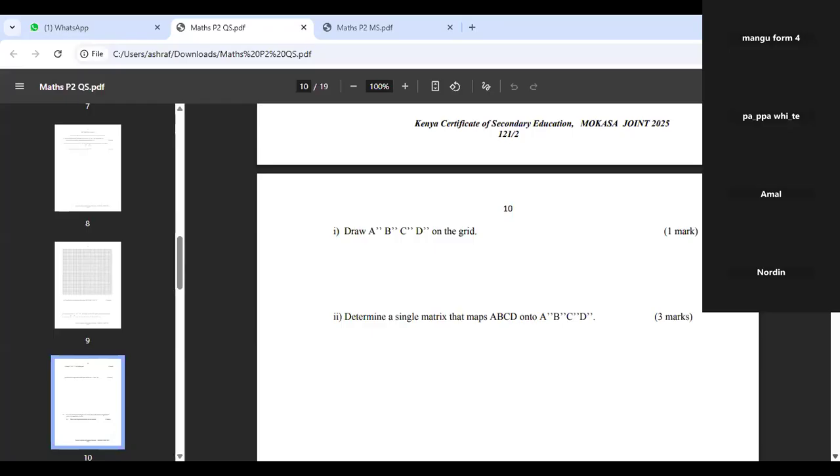How do you get a single matrix that maps the object onto the image? There are two methods. So which are the two methods? If you want to get a matrix that maps the object ABCD, that is the first object, onto the second image, what do we do?